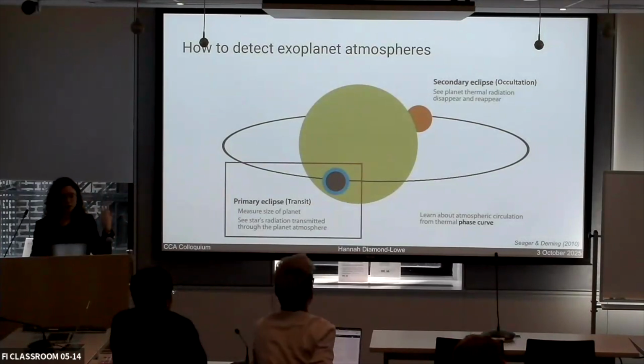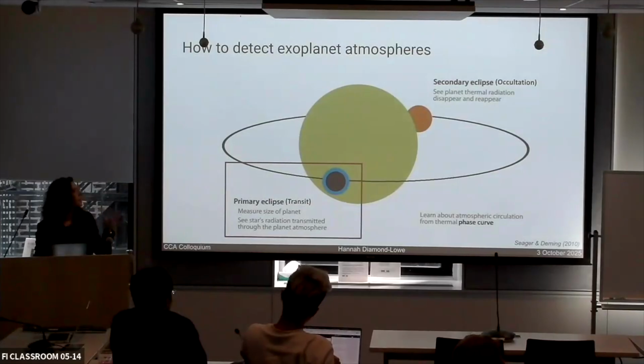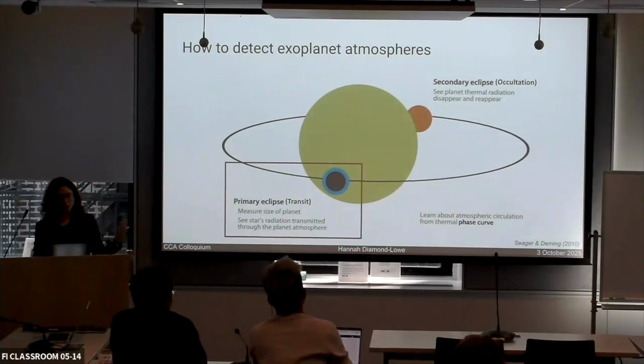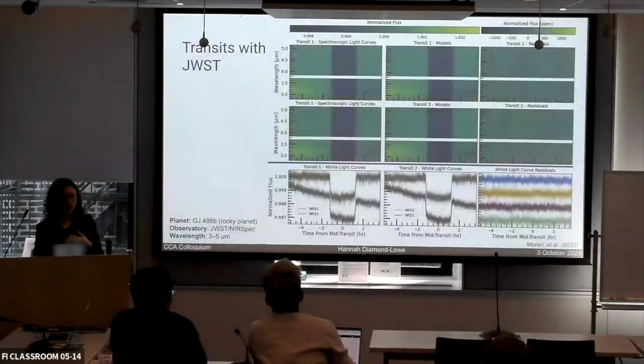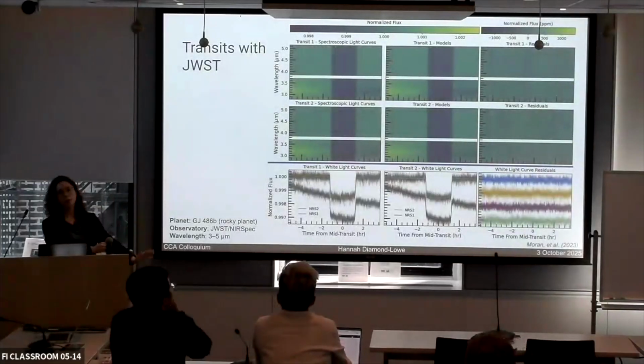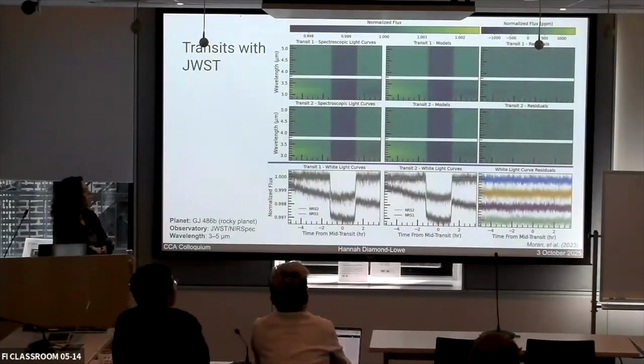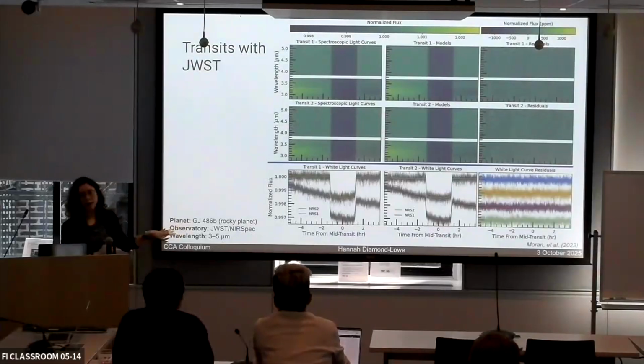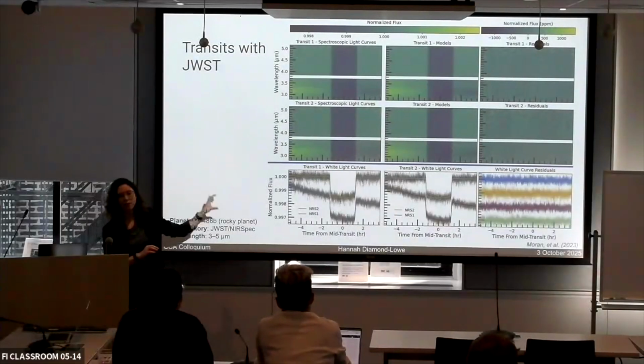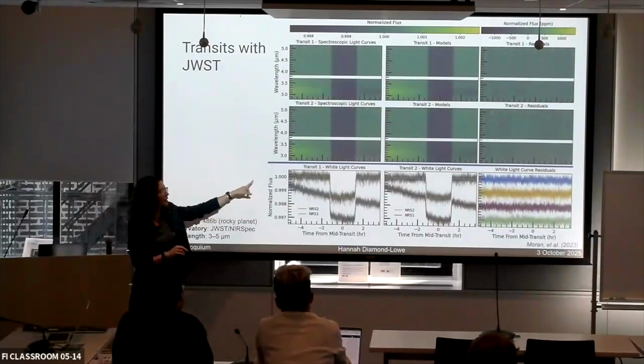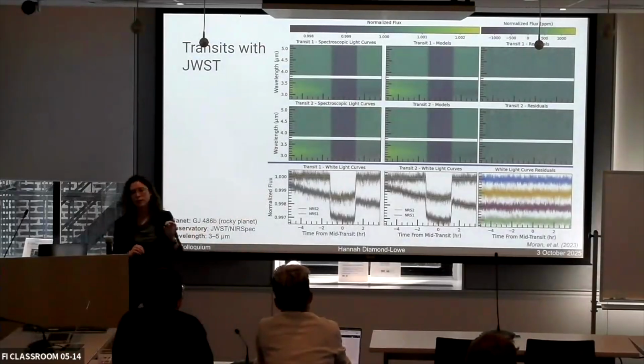Transits are the easiest one to do because you get the largest signal from the planet going in front of the host star. So let's take a look at that first. This is what a transit with JWST looks like. This is a rocky planet, GJ486b. The transit depth and the precision that you can see by eye in these two broadband transits is exquisite.